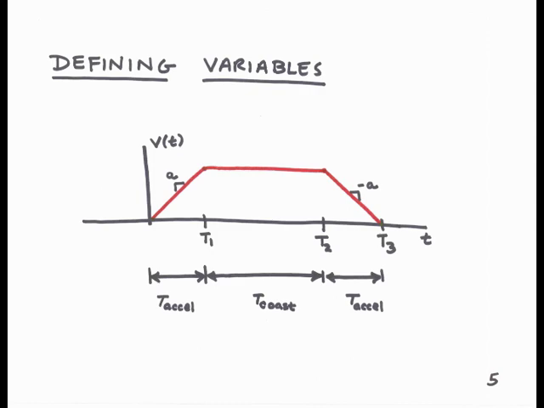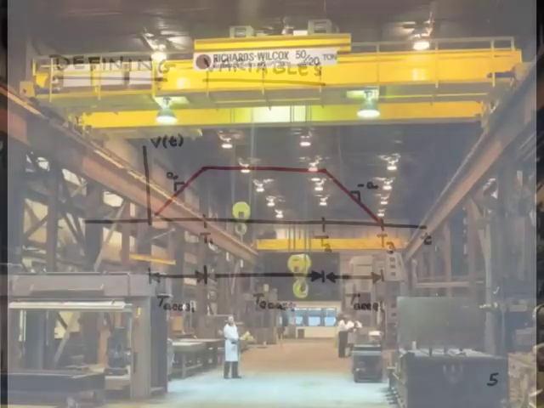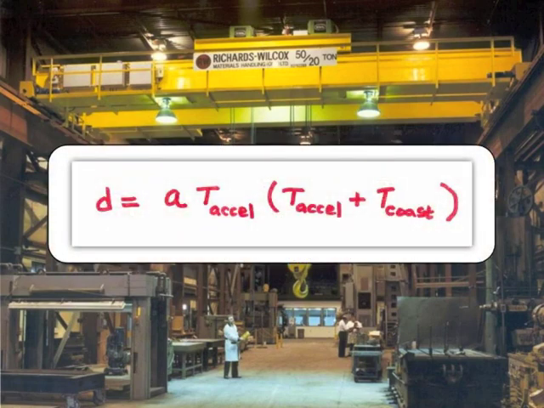The times t1, t2, and t3 were related to the parameters of timing, t-acceleration and t-coast. The area under this velocity profile was the distance traveled, which is specified in the problem, and therefore this provides an equation relating t-acceleration and t-coast. We view this equation as a constraint on the values that these parameters may take.